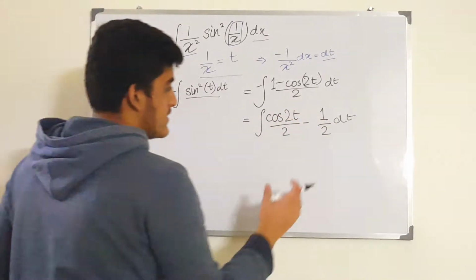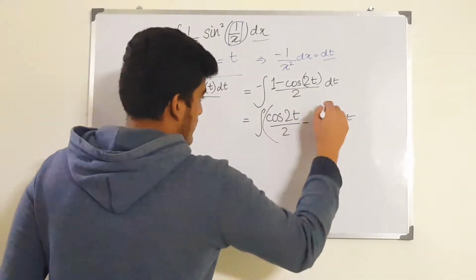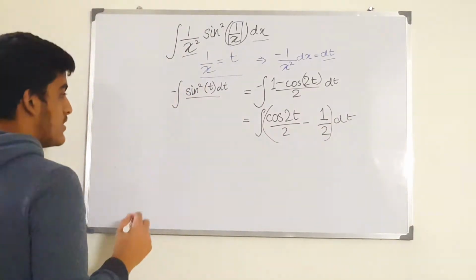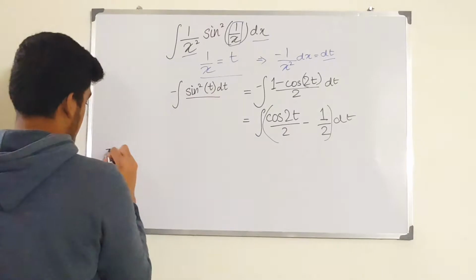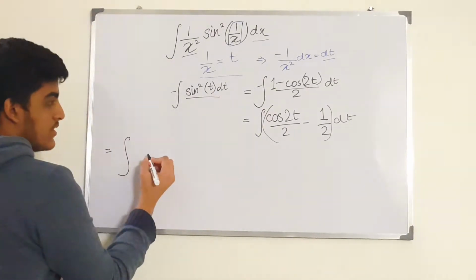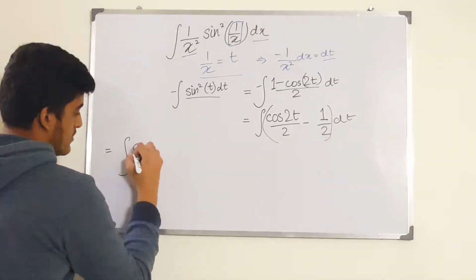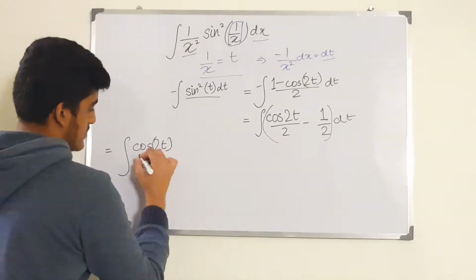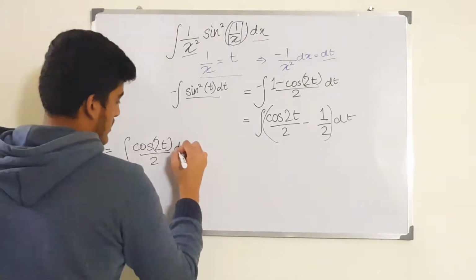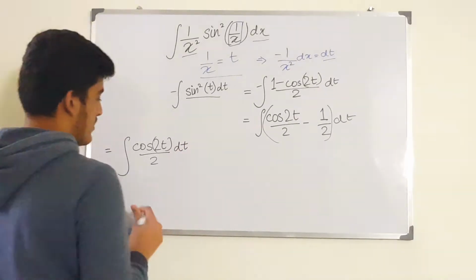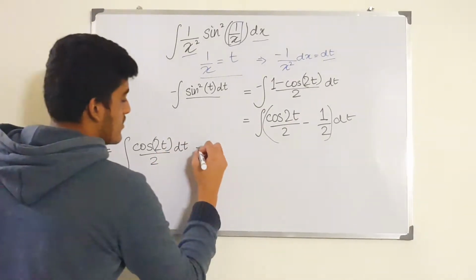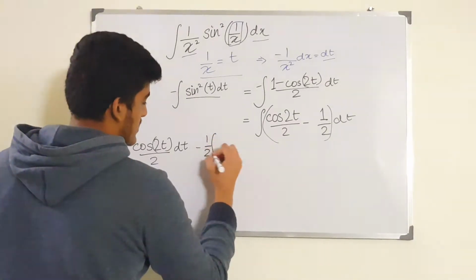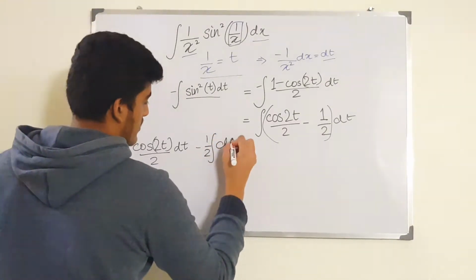Now we split this integration into two parts. You can see the two parts. This is what it becomes. The cos 2t by 2 dt part comes in one part, and the other one is, since half the constant stays out, we have dt right here.